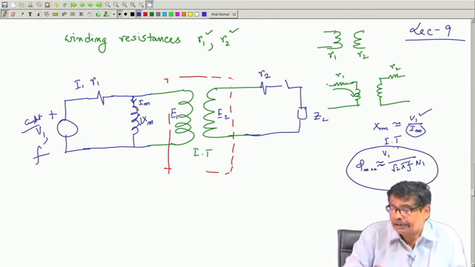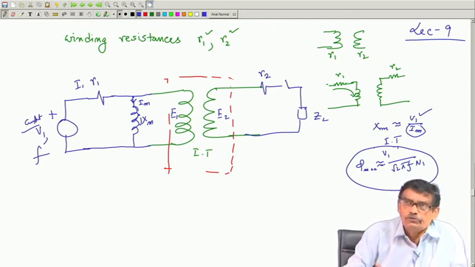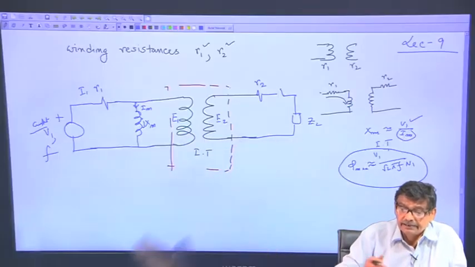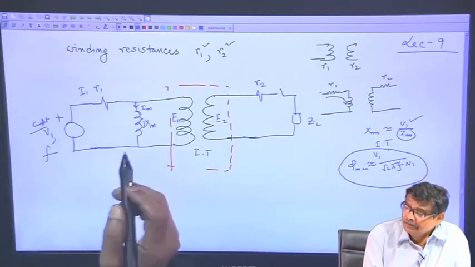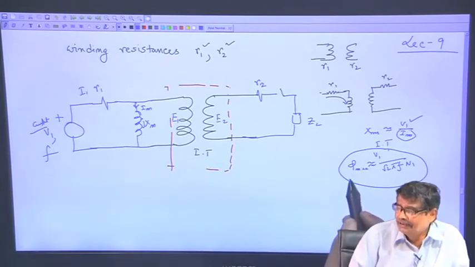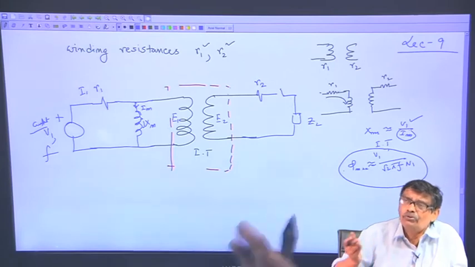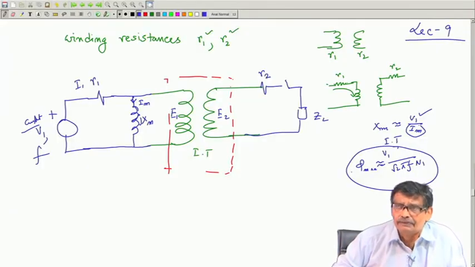Therefore, you must see that very good material is used, for example copper, whose resistivity is very low. So, rho L by A, the winding resistances are small. So that way, the assumption that phi max practically remains the same from no load to full load is good enough.